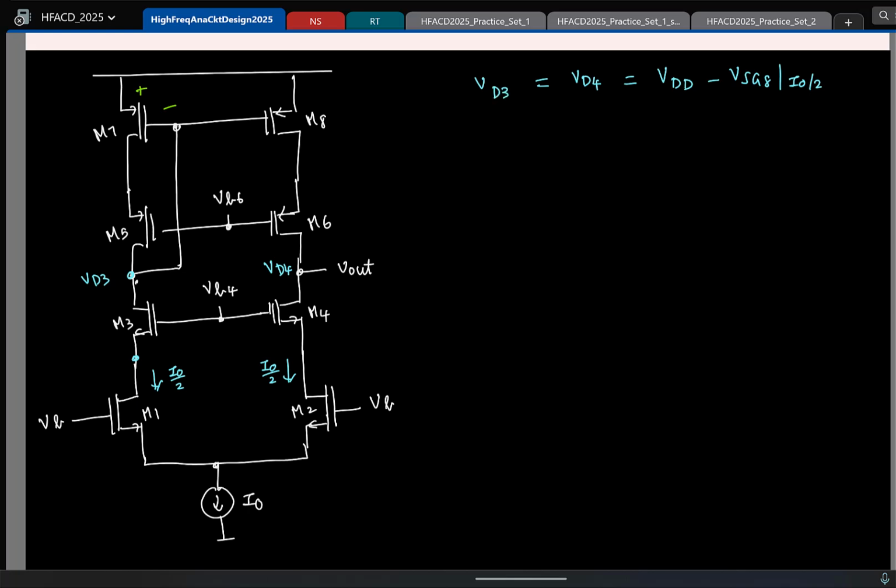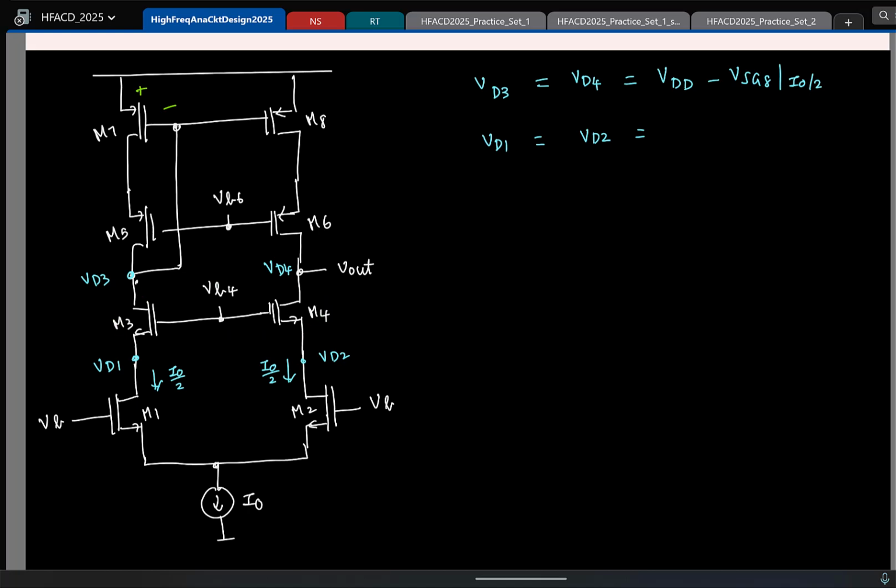Okay, so similarly, what can you say about the drain voltages of M1 and M2? Do you think they will be equal or not equal? They will be equal. Again, the same symmetry argument we can invoke. And what is determining these drain voltages? VGS of M3 and M4. Is that clear?